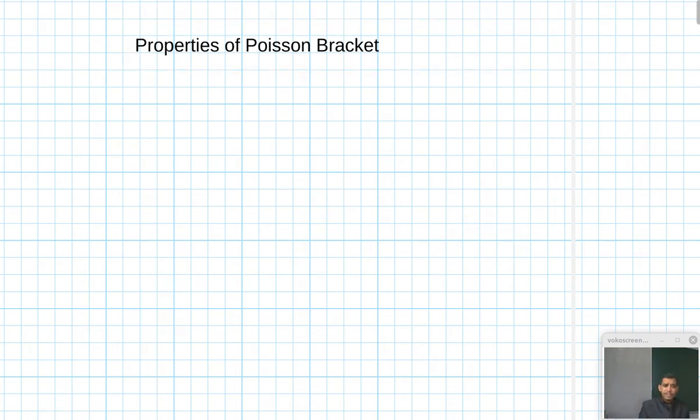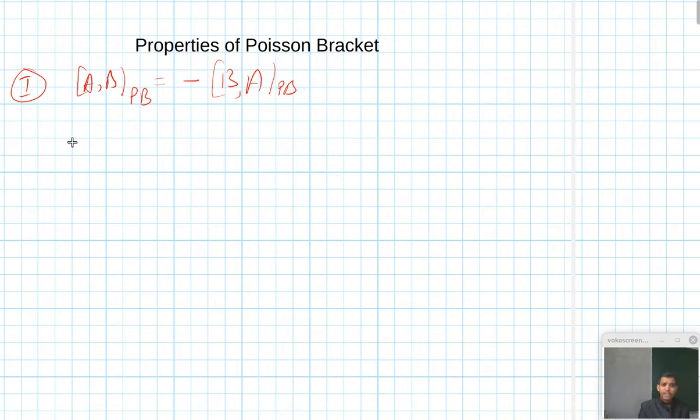I will write down these properties and then try to prove them. The first property is that the Poisson bracket of A and B is equal to minus the Poisson bracket of B and A, meaning the order can be changed.